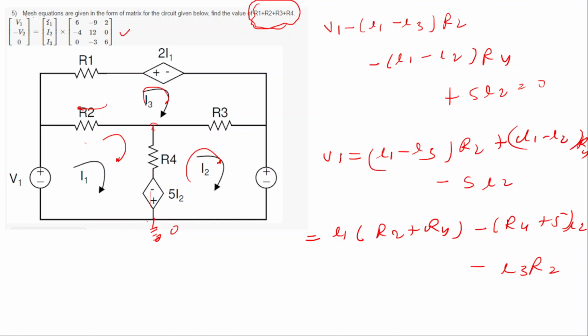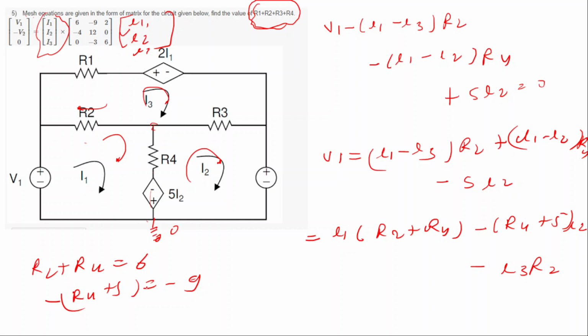Okay, so now if we multiply, this matrix will come like here: I1, I2, I3. The coefficient of I1 is 6, so R2 plus R4 equals 6. Then the coefficient of I2 is minus 9, so minus R4 plus 5 equals minus 9.